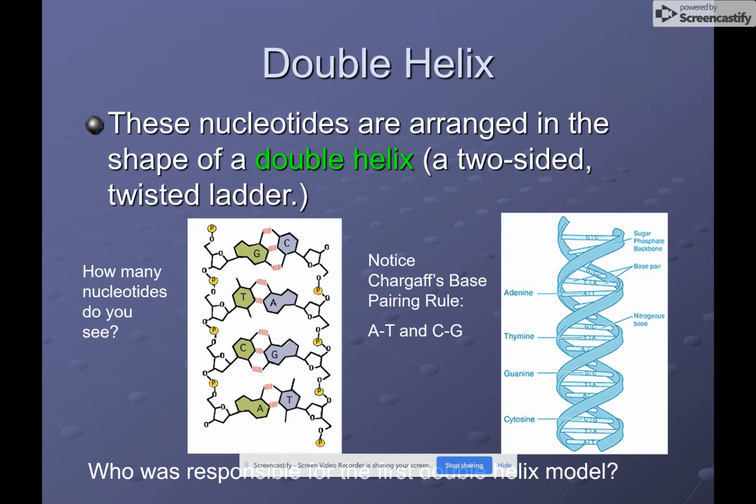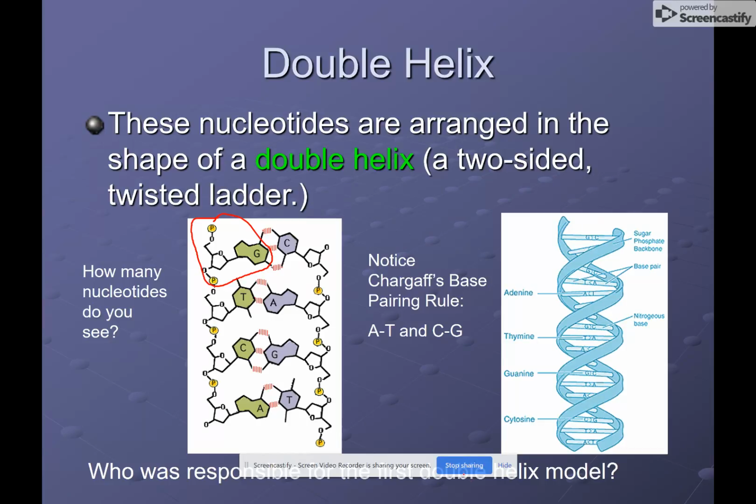Looking at the double helix, the nucleotides are arranged in a shape known as a double helix or a twisted ladder. A couple of questions you see here: how many nucleotides do you see? If you're going to look at the nucleotides, you have to look at each one of these little phosphate, sugar, base combinations.